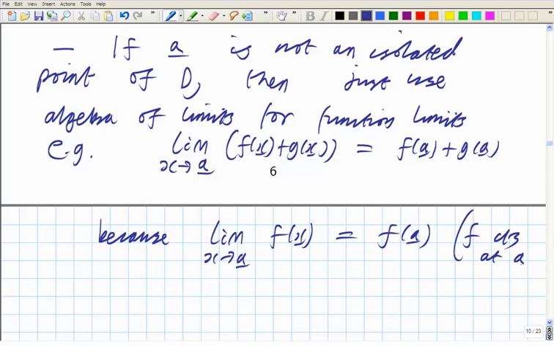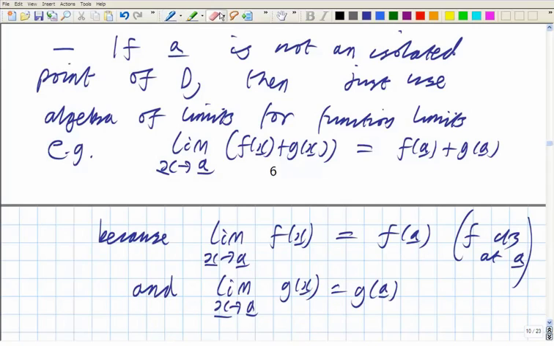That's f is continuous at A. Remember, that's my abbreviation: cts is the abbreviation for continuous. And limit x tends to A of g of x is equal to g of A, because g is continuous at A. So then you just get everything, and you do the other ones the same way as well, again using the algebra of limits for function limits.